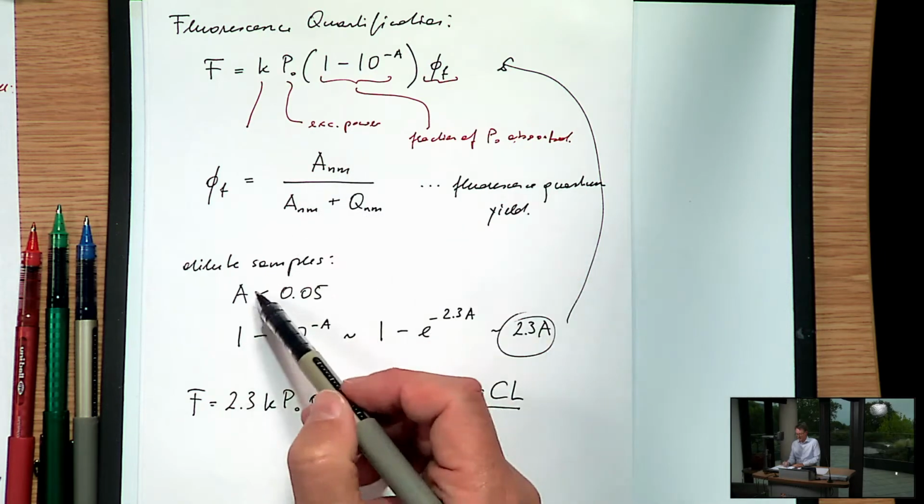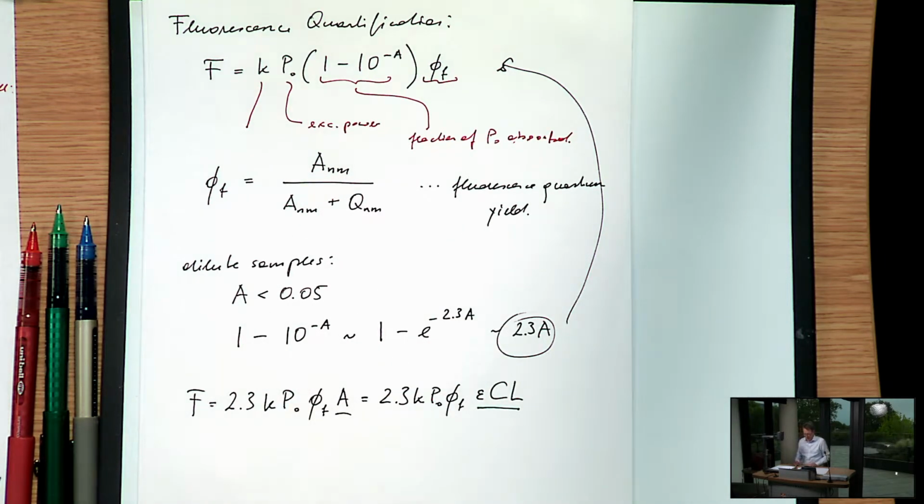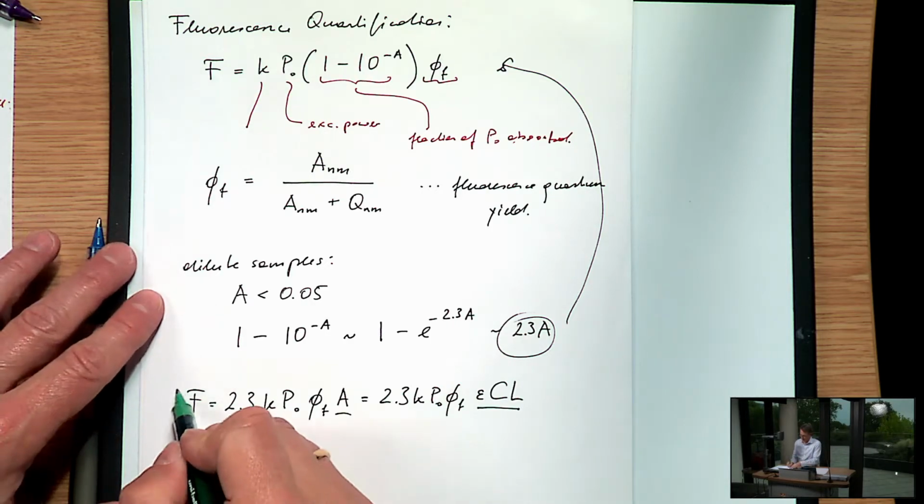These are Einstein coefficients, this is the absorbance. All right, so this is what fluorescence is.